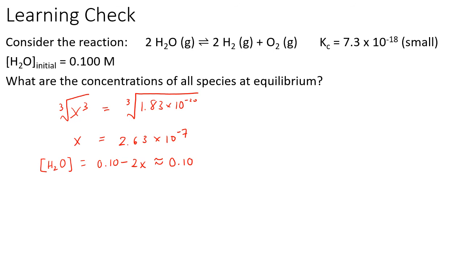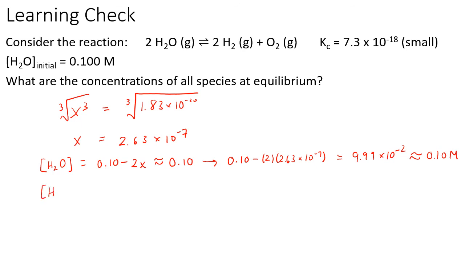If we actually calculate what that really is, 0.10 minus 2 times 2.63 times 10 to the negative 7th comes out to being 9.99 times 10 to the minus 2, which is pretty much about 0.10, which was our initial concentration. So sometimes you'll see that they just write down the same initial concentration for the reactants when you have a really small value for the equilibrium constant.